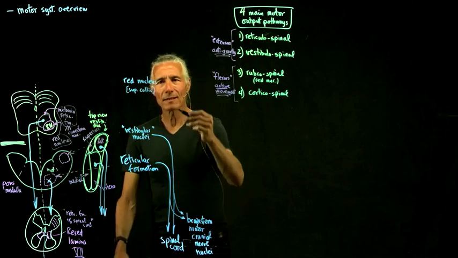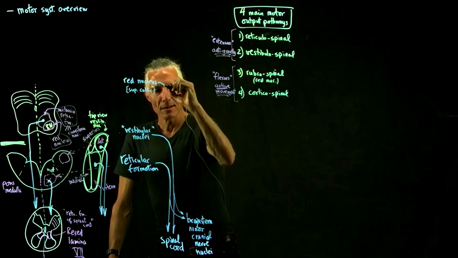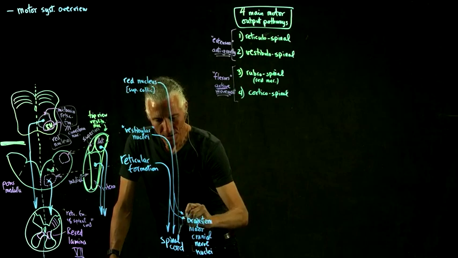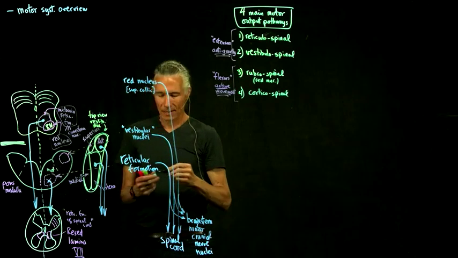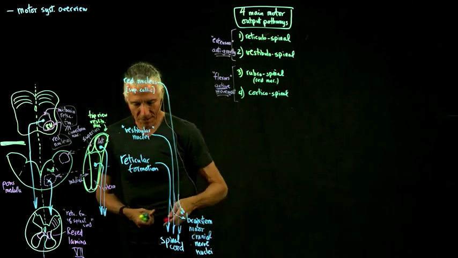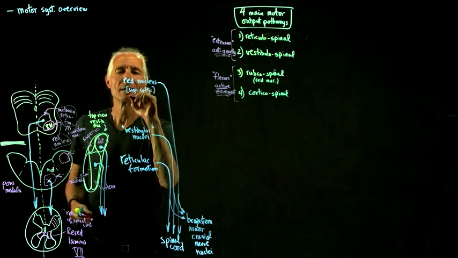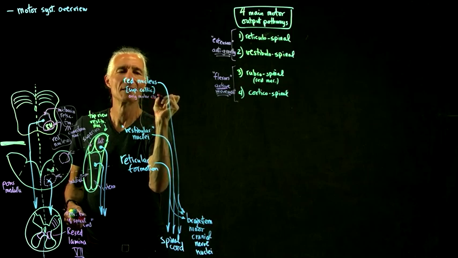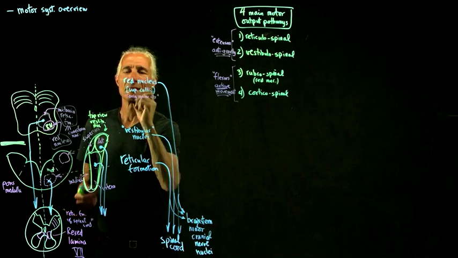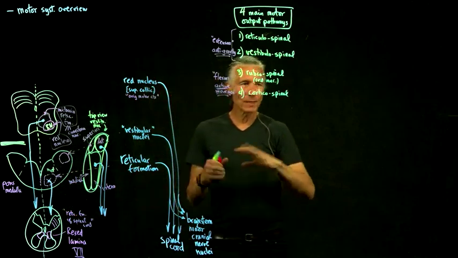So the red nucleus comes out, and it goes down to the spinal cord, and it goes down to these guys also. You can sort of think of this as the original motor cortex. It has a map of all the muscles in the entire body.